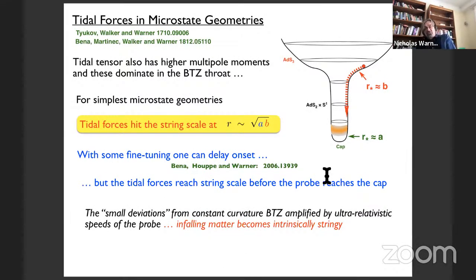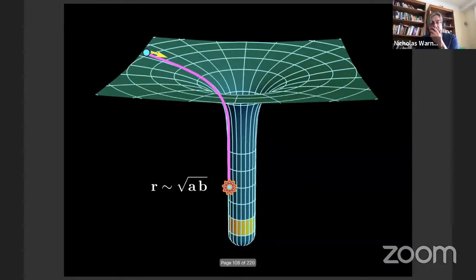So therefore, matter thrown in becomes intrinsically stringy, but we didn't run with it further than that until Emil and I came along and we found something else, which we'll come to in a second. The tiny deviations from the constant curvature BTZ metric are amplified by the ultra-relativistic speeds, and the infalling matter must eventually become intrinsically stringy. And so that's the sort of picture, and that's the picture that turns up on the conference logo.